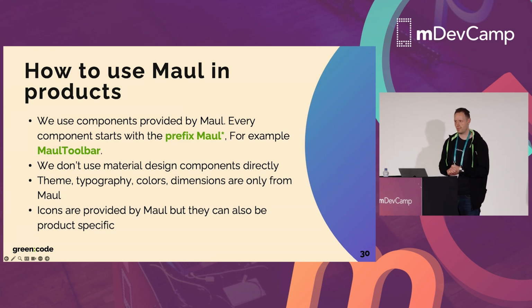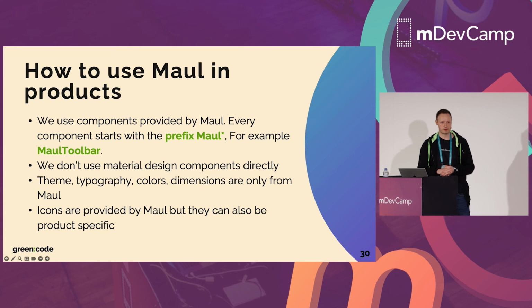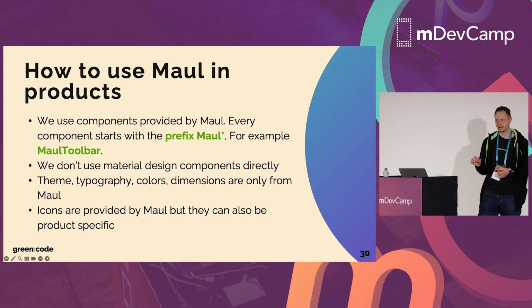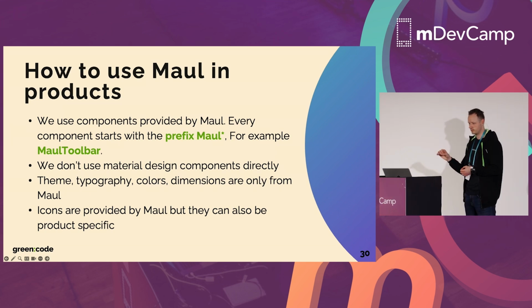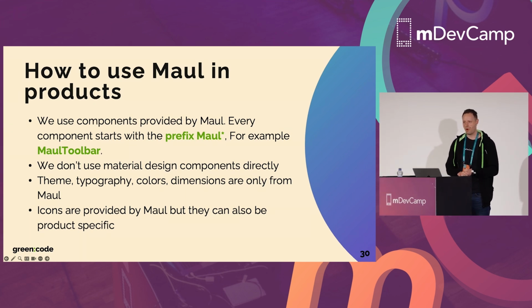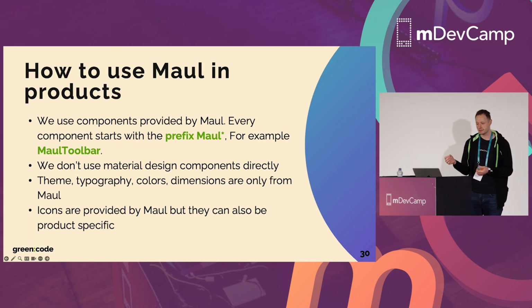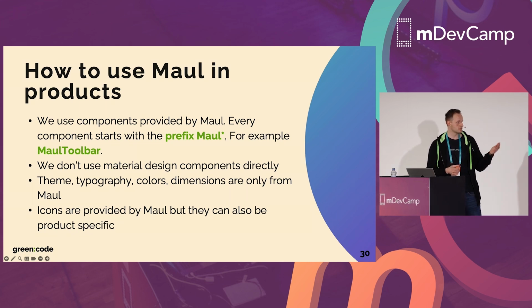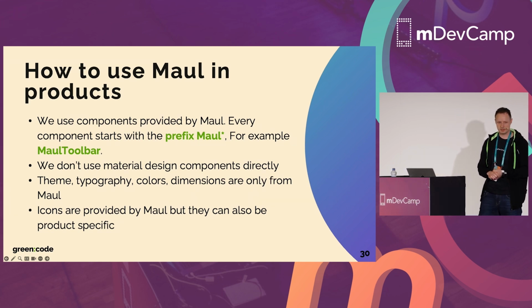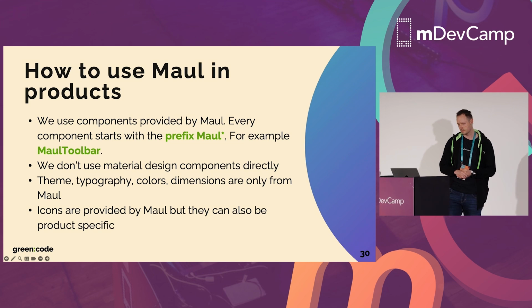And how to use Mol in products. We have an agreement that we don't use Material Design components directly. Mol should wrap them, and we add the prefix, for example, Mol toolbar, and we use only theme, typography, colors, dimensions from Mol, and icons are provided by Mol, but also you can be specific in a project.